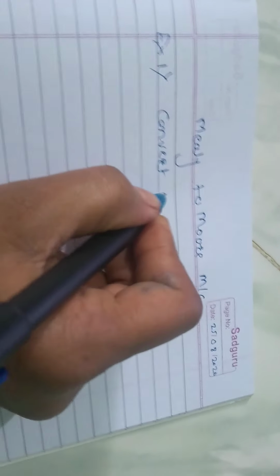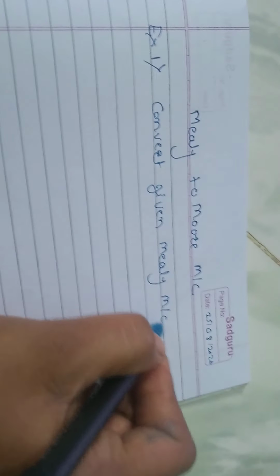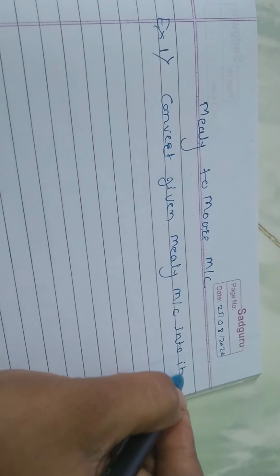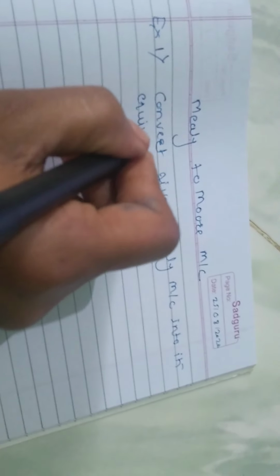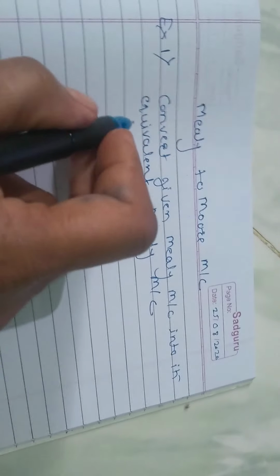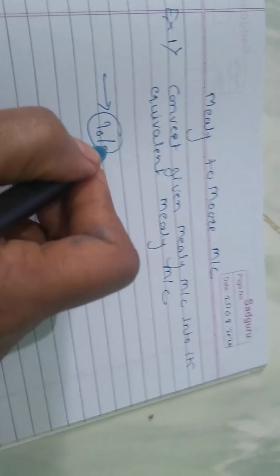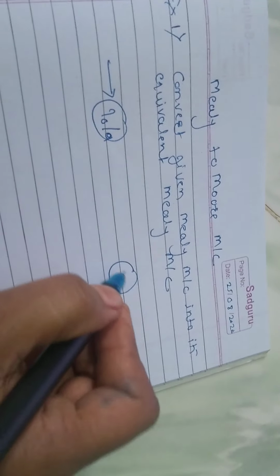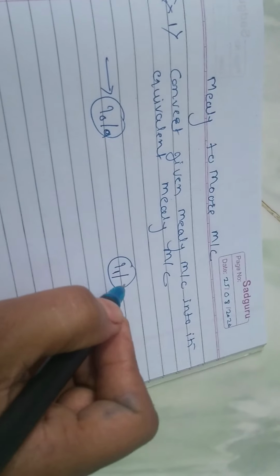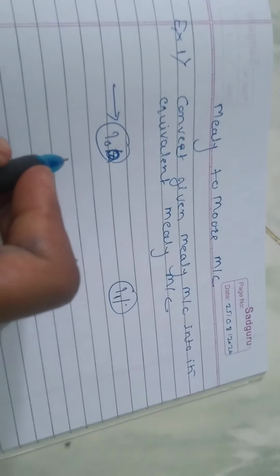Example 1. Convert the given Mealy machine into its equivalent Moore machine. The transition diagram is given. Q0, Q1, this is the Mealy machine.